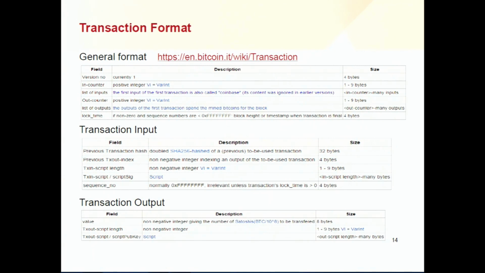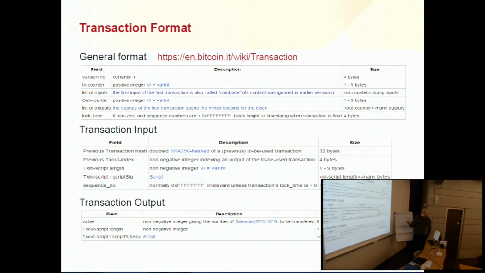So, okay, the input transactions, the ones that are up here, the list of inputs, what do those look like? There's the hash of the previous to-be-used transaction, and a non-negative integer indexing the output to be used. Remember, when a transaction goes in, it can have multiple outputs, right?